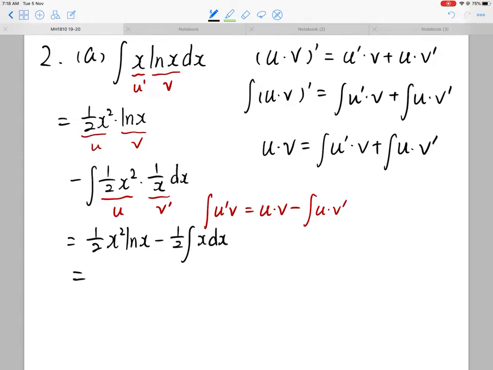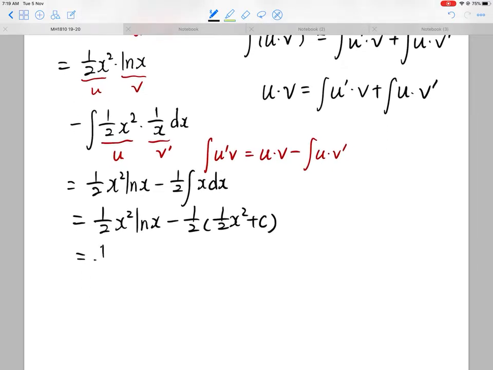And then this part is extremely easy to integrate. Minus half x squared plus c. So your answer would be this.